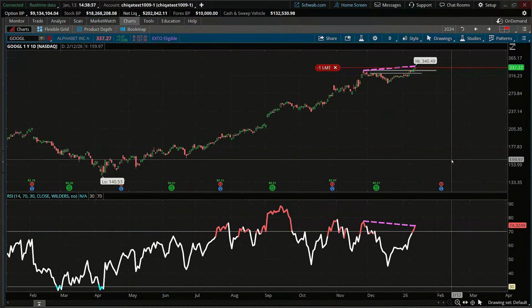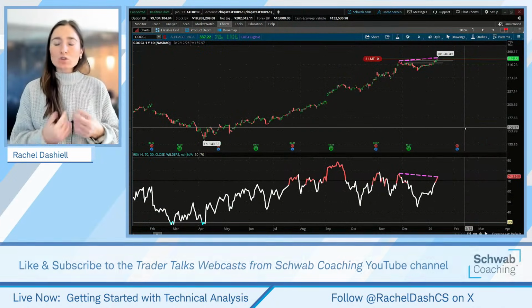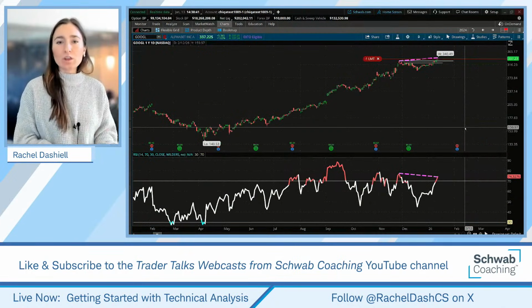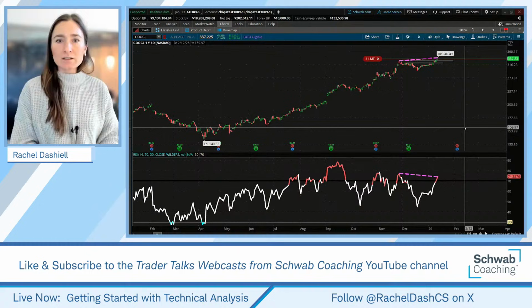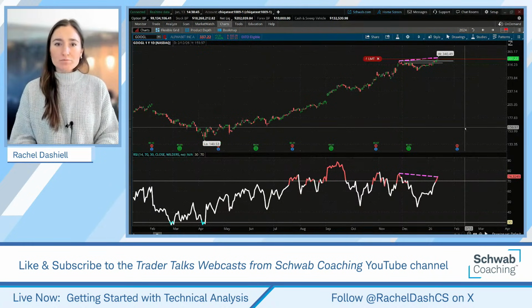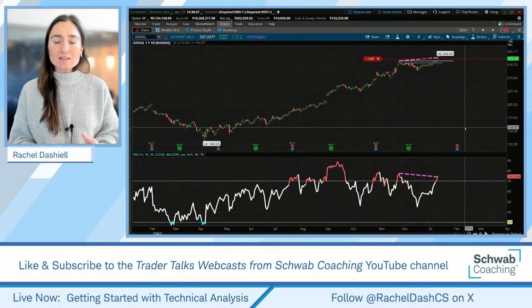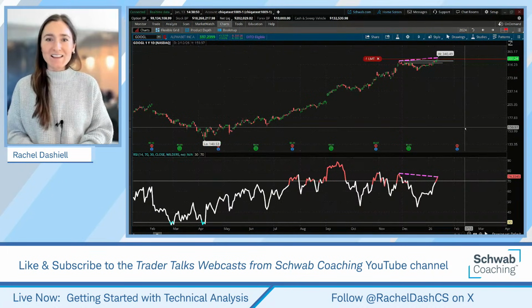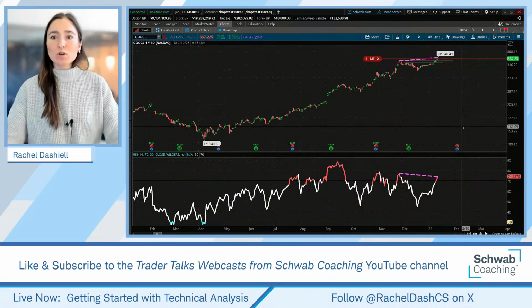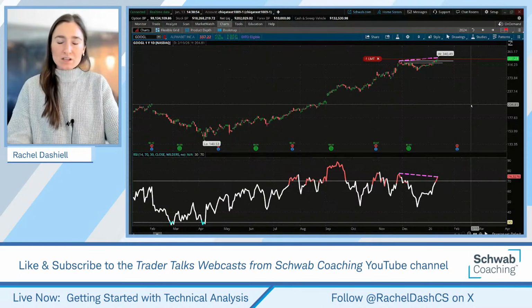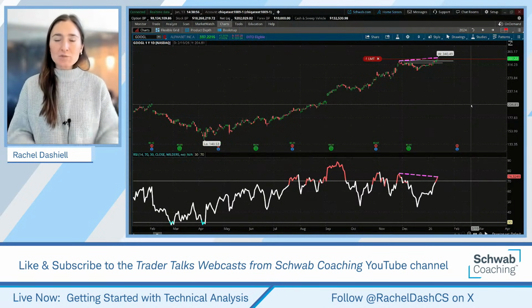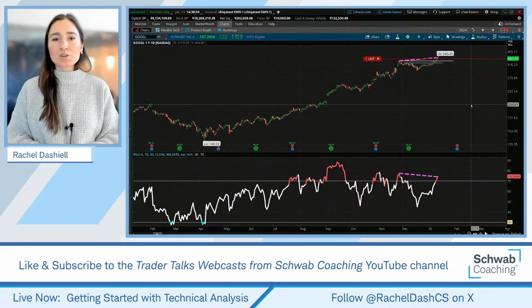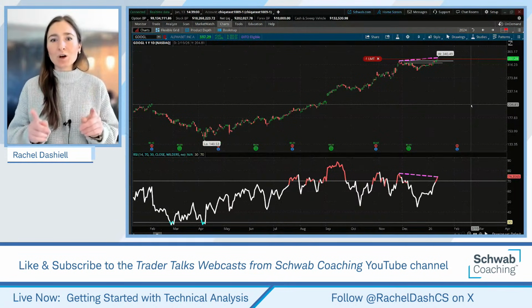Hopefully this gave you a good overview of how to use momentum, specifically with the relative strength index, and how you could use it to possibly spot some of those early warning signs of a possible change of trend to the upside or to the downside. But the ultimate reminder is that price is number one, momentum comes second.